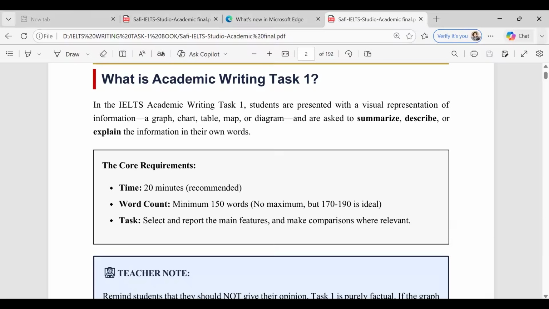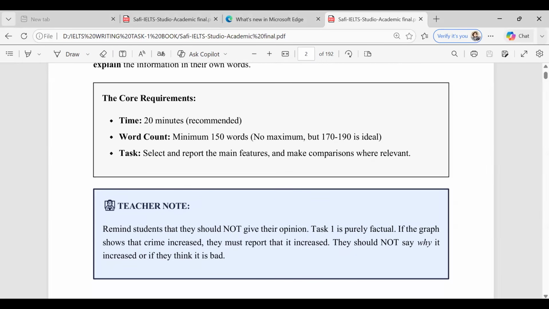The total time you will have for Task 1 is 20 minutes. And what I suggest to you, there are 2 tasks, Task 1 and Task 2. Task 2 is essay writing, and I told you that Task 2 is worth double, 2x. So it means that 66% of your score is from Task 2 and 33% of your score is from Task 1.